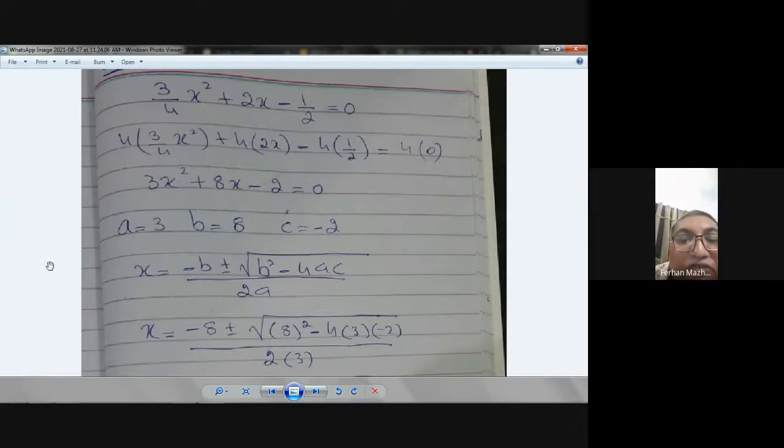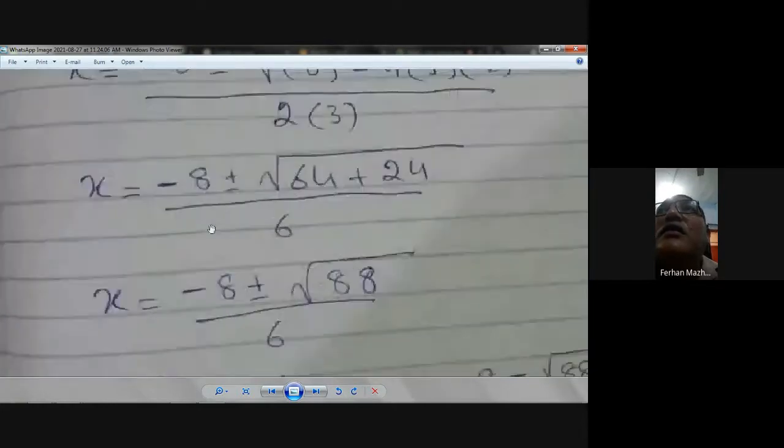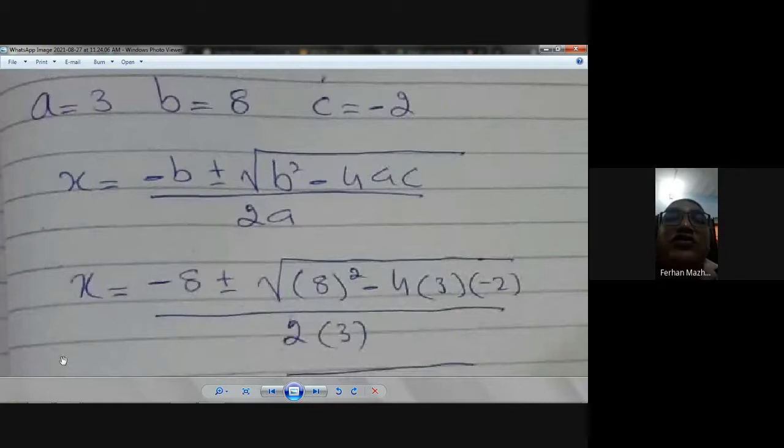So when I will substitute these values of a, b, and c into the quadratic formula, this is what you will get. So you can see I have substituted those values. So we will have minus 8 plus minus under root 8 square minus 4 into 3 into minus 2 divided by 2 into 3.